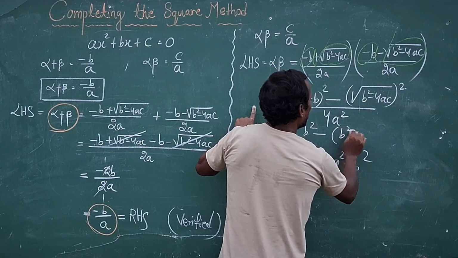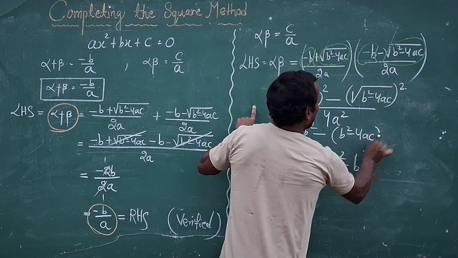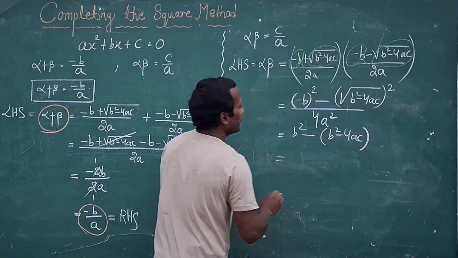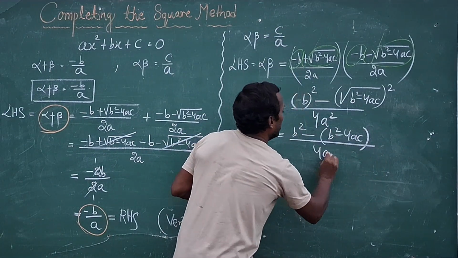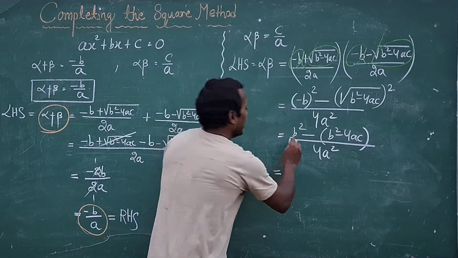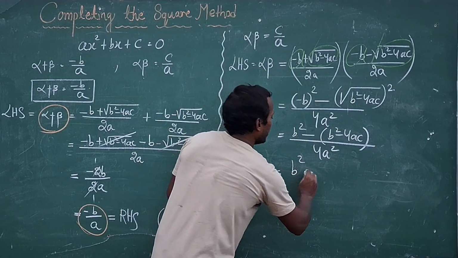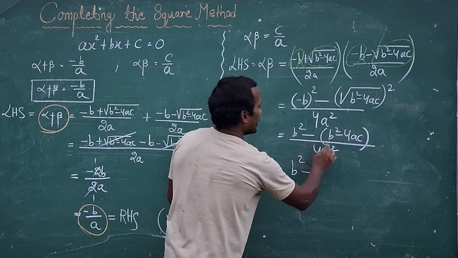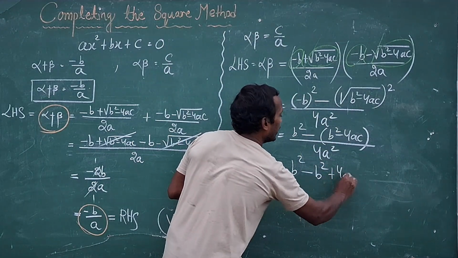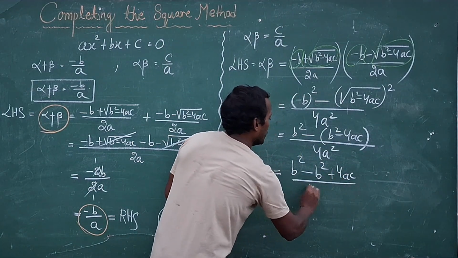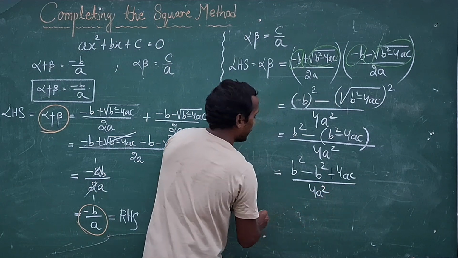So you have b square minus 4ac. Sorry, in the denominator I had 4a square. Let me write it down. Now I have b square in the numerator, minus of b square becomes minus b square, minus of minus 4ac is 4ac, by 4a square.